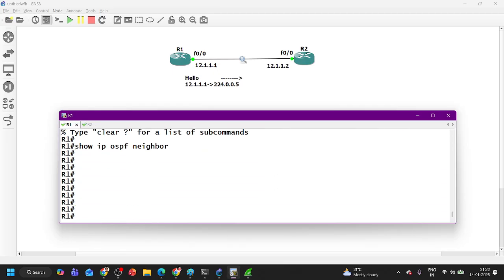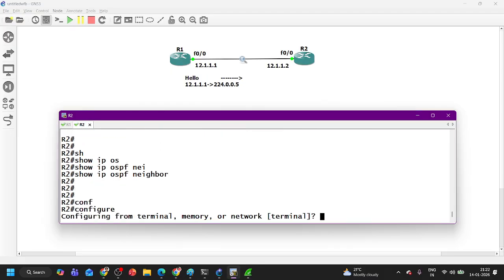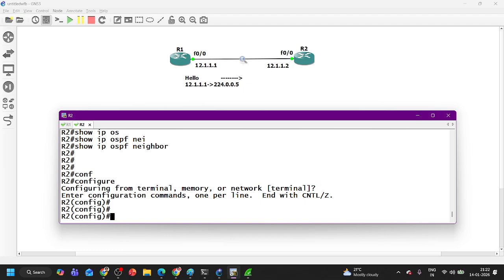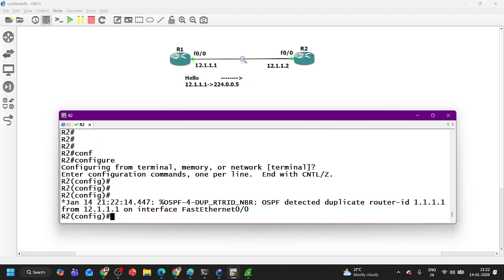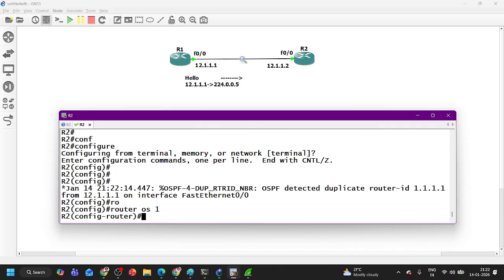This time why don't we have neighborship? Because of the duplicate router ID. As router ID is the unique identity of a router used to represent its database, it should be unique. Again, router ospf 1, and this time I am allowed to change the router ID because there is no neighbor of R2.